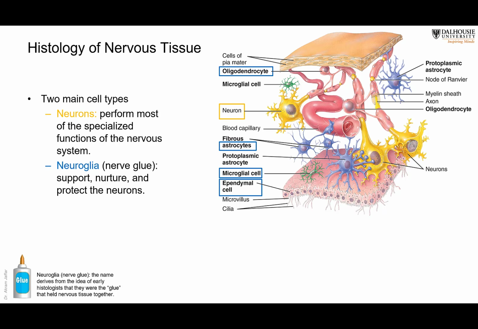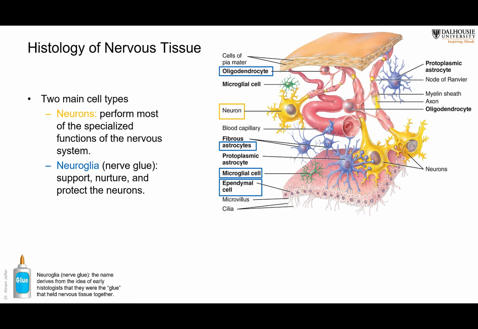The first anatomists thought that they are glue for the nervous system, and in fact they are glue for the nervous system because they support. They are the supporting cells. They provide nutrition for the neurons, and they protect the neurons. So they are like the connective tissue of the nervous system, okay?